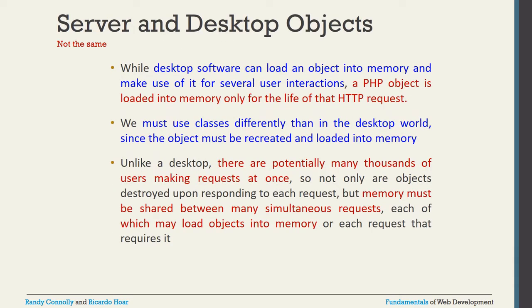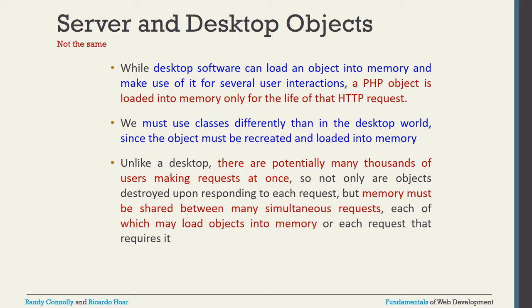One more thing we can see here is the server and desktop objects. While desktop software can load an object into memory and make use of it for several user interactions, a PHP object is loaded into memory only for the life of that HTTP request. You must use classes in a different way than in the desktop world, since the object must be recreated and loaded into memory.